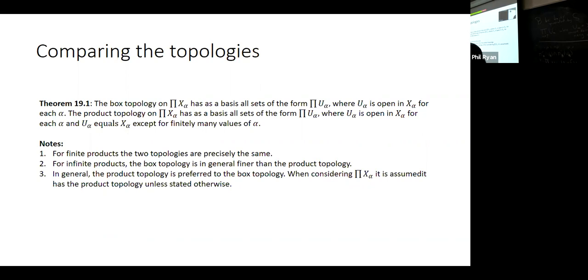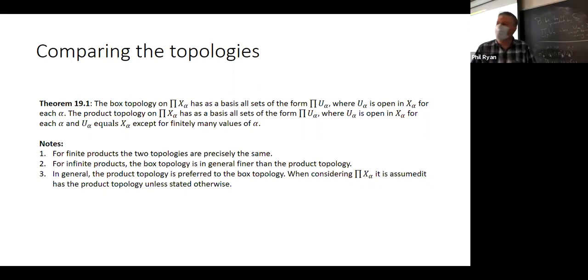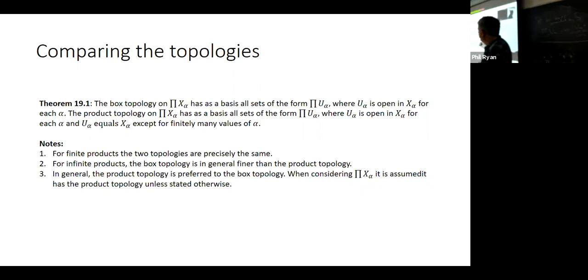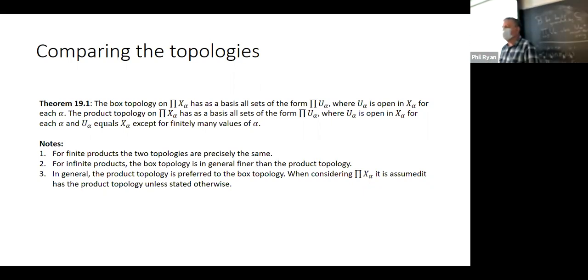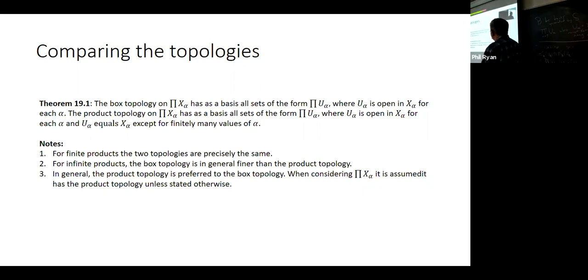So again, typically we prefer the product topology to the box topology. And so if you were just given a Cartesian product of topological spaces, you can assume that it has the product topology unless it's stated otherwise. Now, why is that preferred?